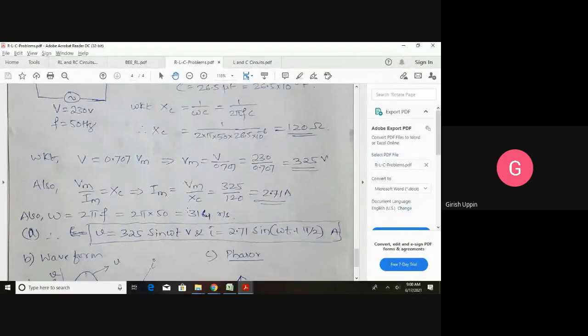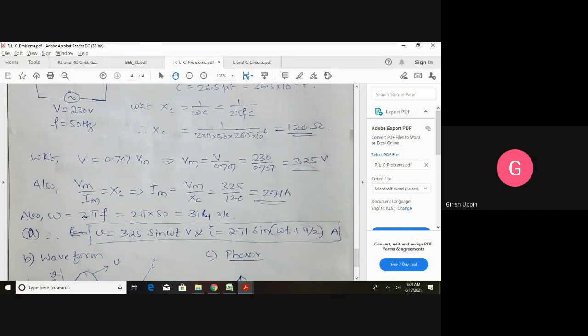Im is equal to Vm by XC, that is 325 divided by 120, that is 2.71 amperes.